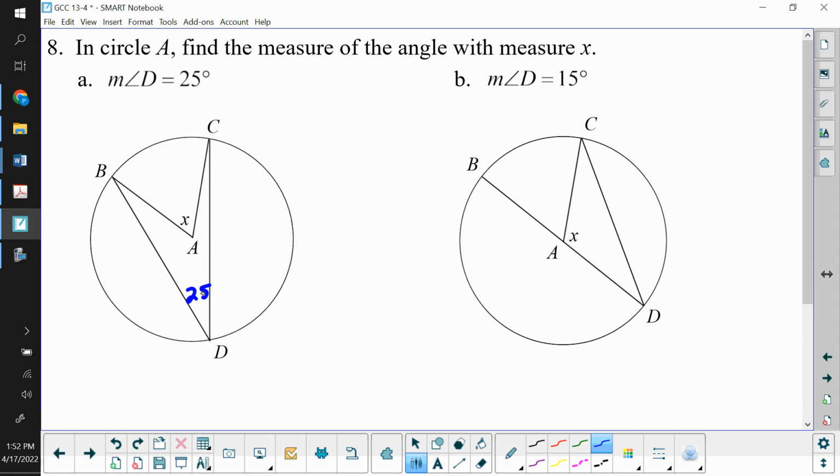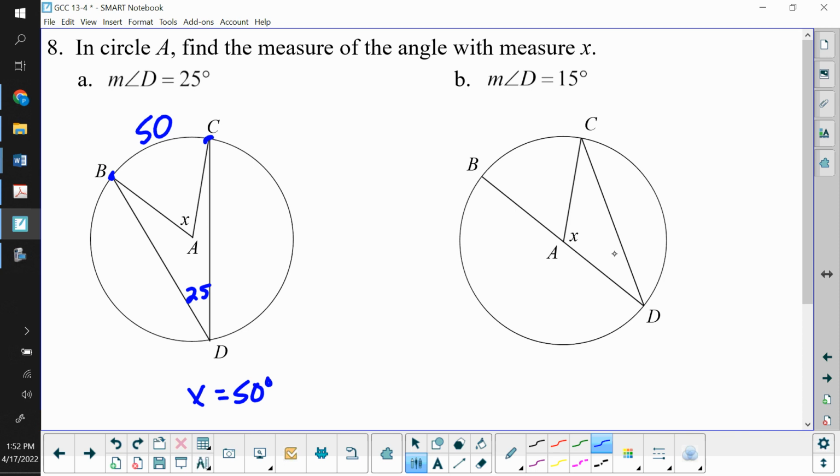Our new thing for today is that an inscribed angle is half the measure of the arc it opens up to. If you follow, angle D hits the circle at C and B. So the D is half of that arc. 25 is half of 50. Well, our central angle now should be the same as that arc, so x is just going to equal 50 degrees.